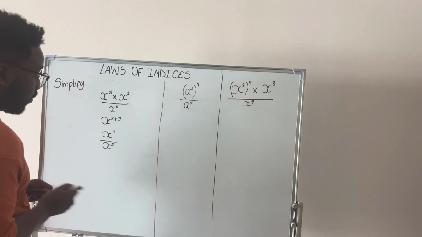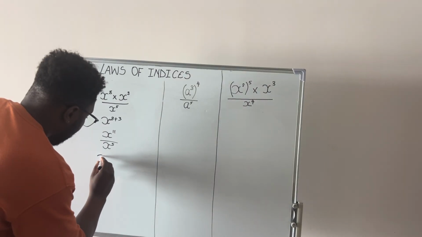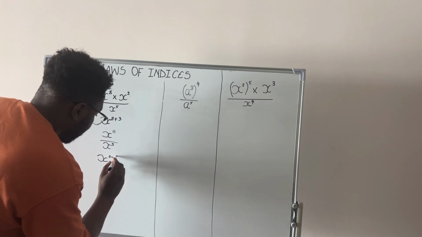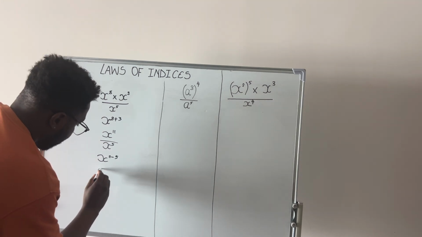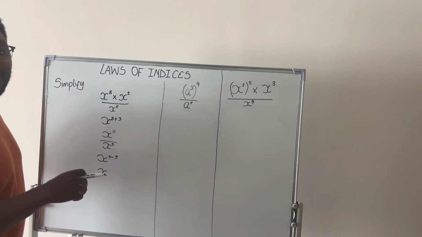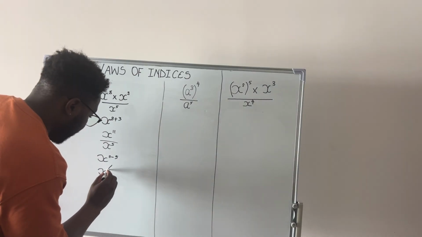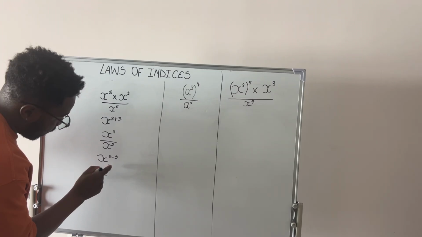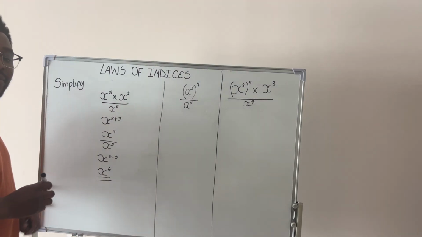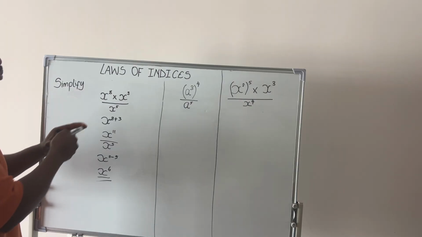So x to the power 11 minus 5. Therefore, our x is raised to 11 minus 5, which is 6. So we have simplified our first expression.